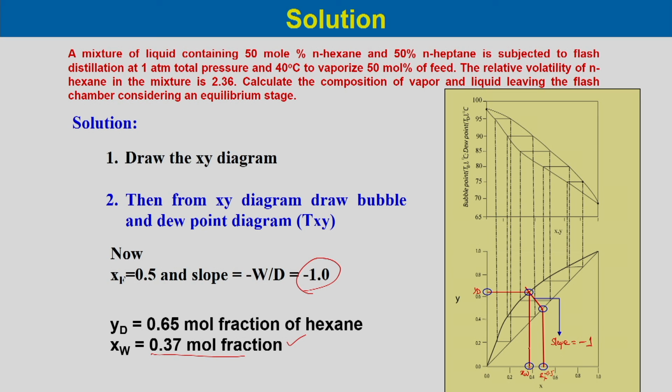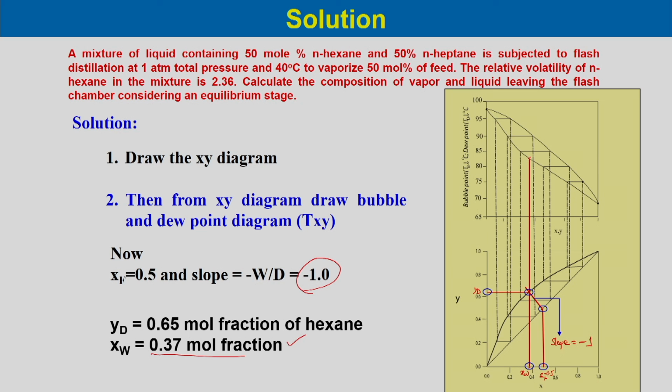Once you have calculated YD and XW, we need to calculate the temperature of the mixture at the bubble point temperature. To calculate the bubble point temperature, we draw a vertical line from this intersection point, which will meet the bubble point curve at this location.